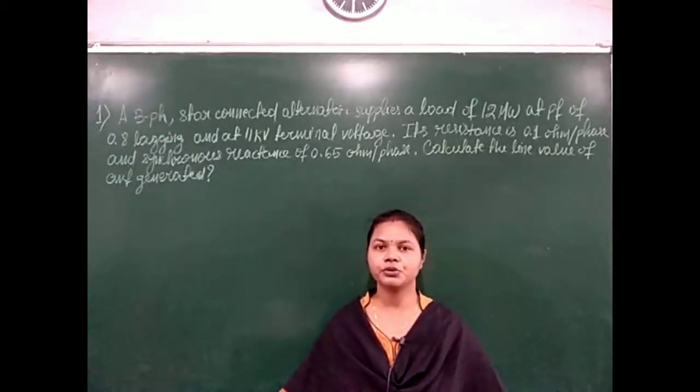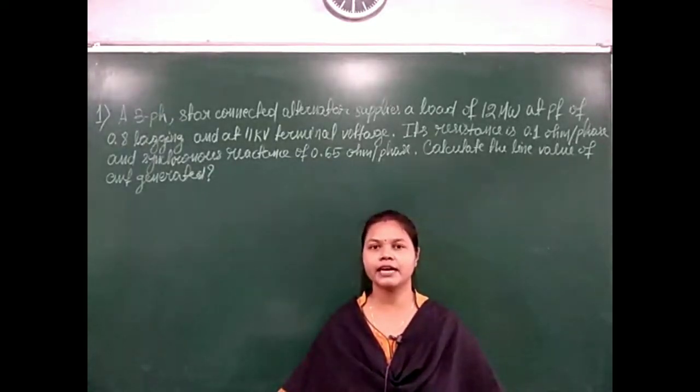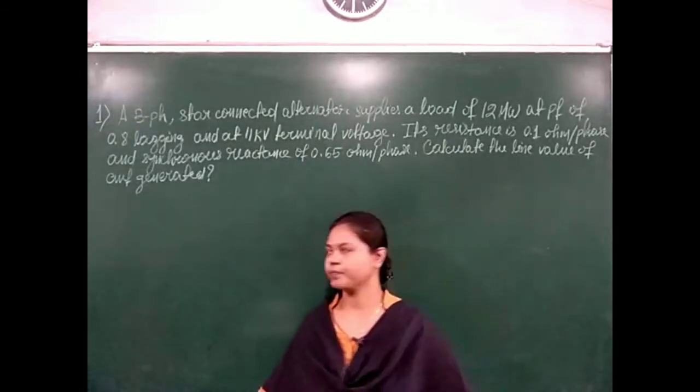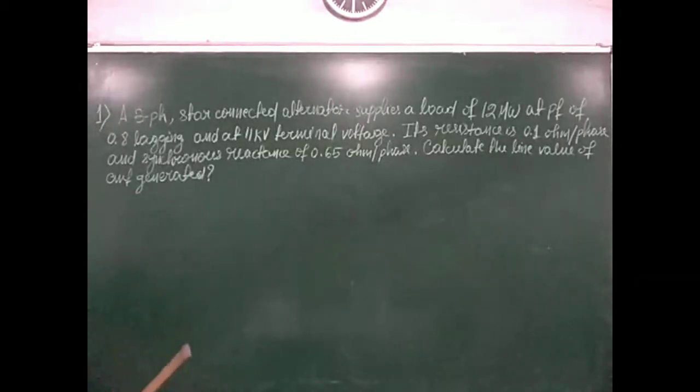First, you draw the equivalent circuit diagram, then the phasor diagram, then from that phasor diagram you have to calculate the generated EMF. So here first I draw the equivalent circuit diagram. Here in my data, the three-phase alternator is connected with a load of 12 megawatt and power factor of 0.8 lagging.